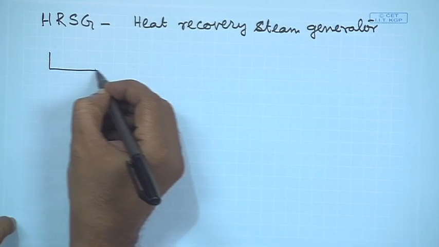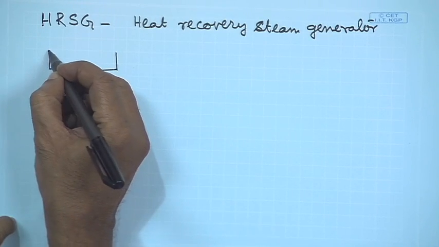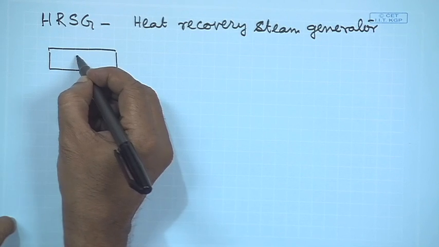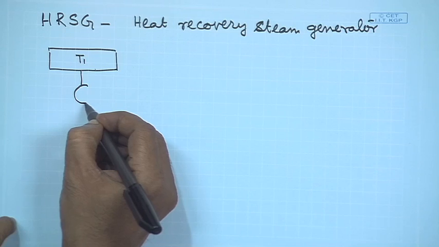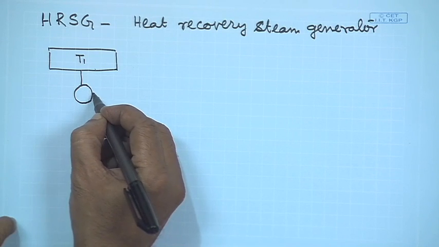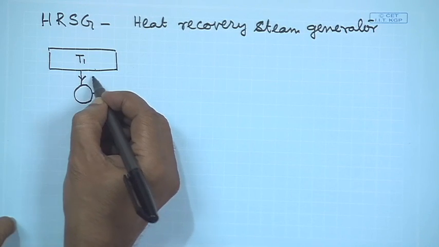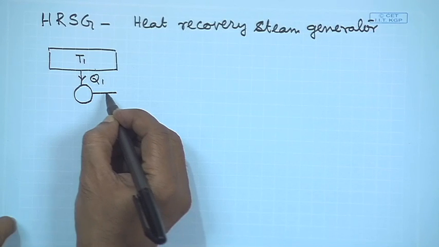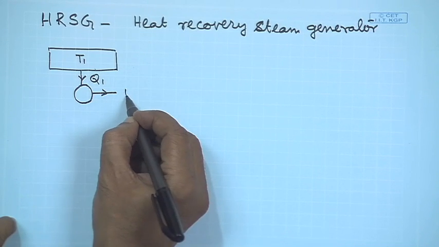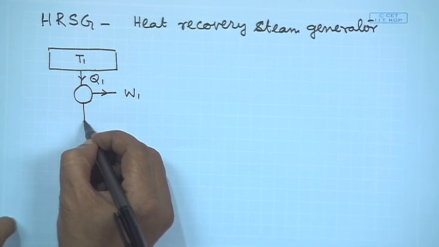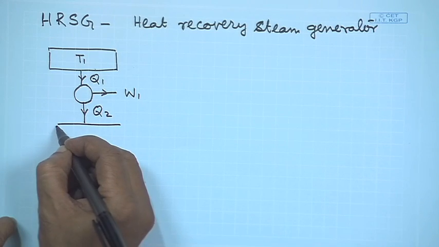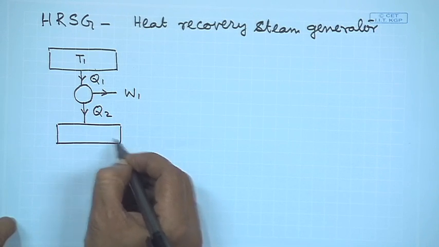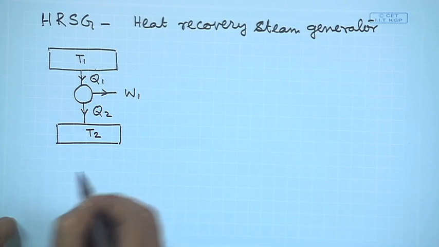So, let us say this is the topmost reservoir at the highest temperature T1, then we are having some sort of heat engine. This is taking Q1 amount of heat and doing W1 amount of work, rejecting Q2 amount of heat to some thermal reservoir which is at temperature T2.